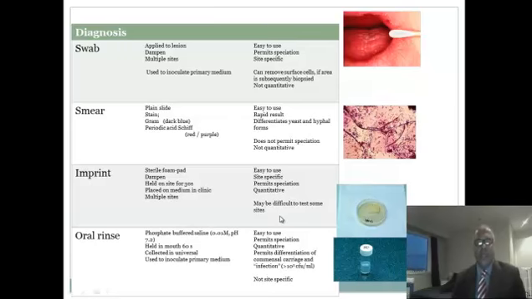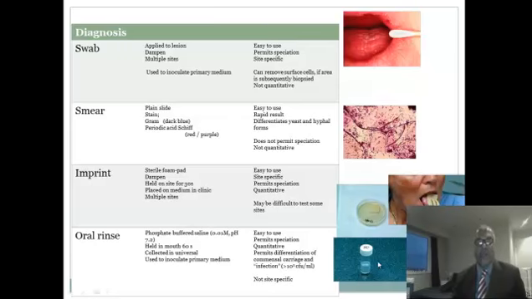You can do an imprint where you get a foam and put it on the area in question, then put it back on the culture, and then you culture that in the lab to find out whether there's any candida growing.